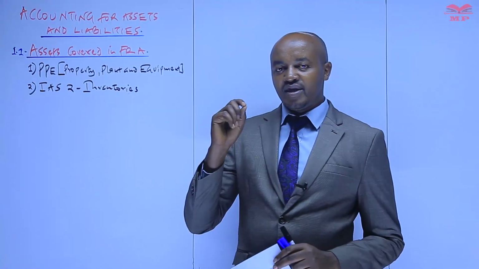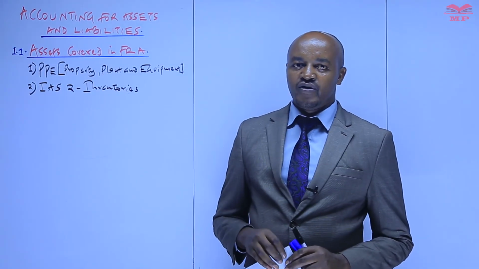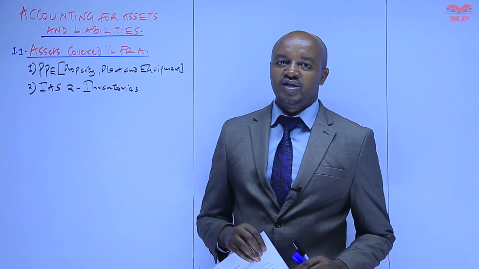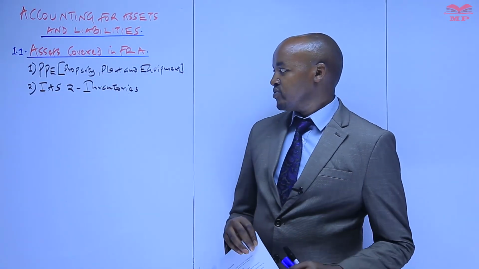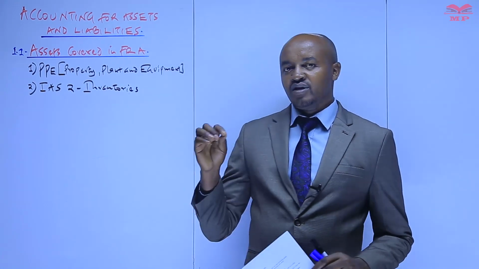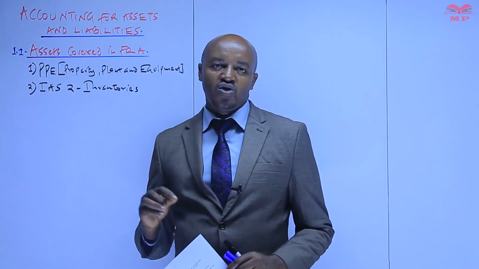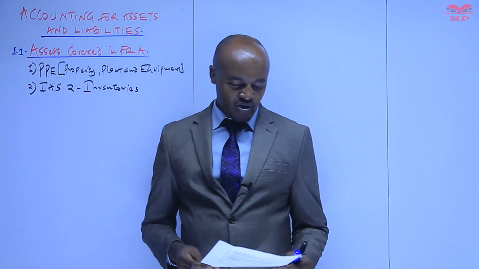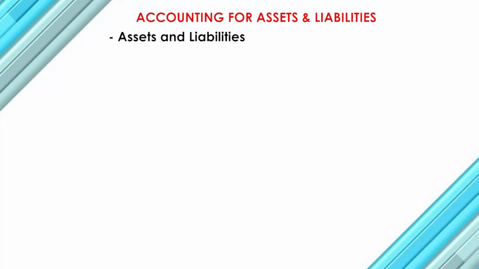We're going to look at the measurement and recognition of PPE, that is property, plant and equipment, in accordance with International Accounting Standard number 16. And also inventories, the recognition and measurement of inventories in accordance with International Accounting Standard number 2.